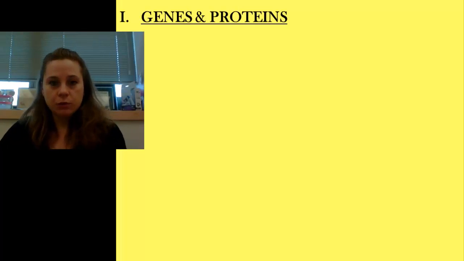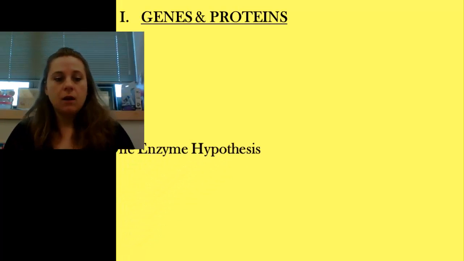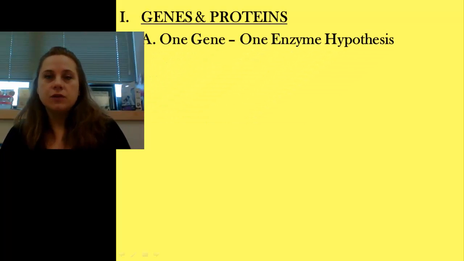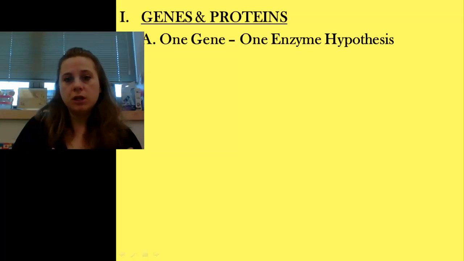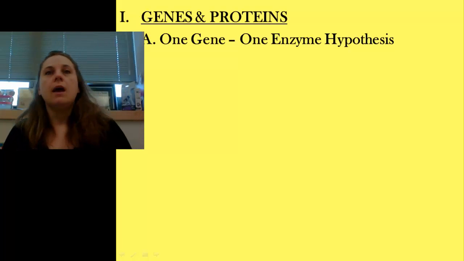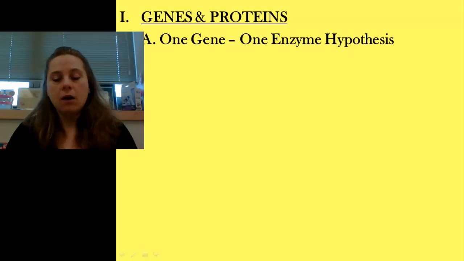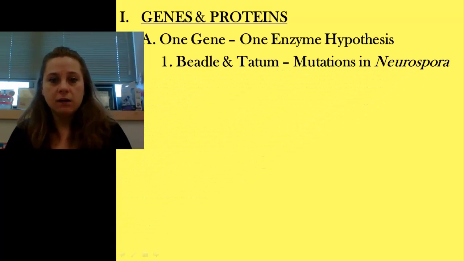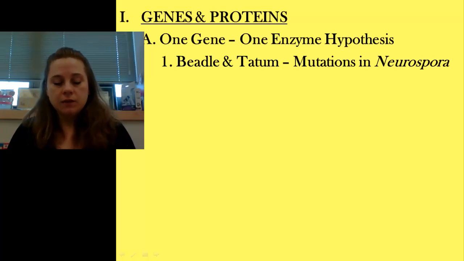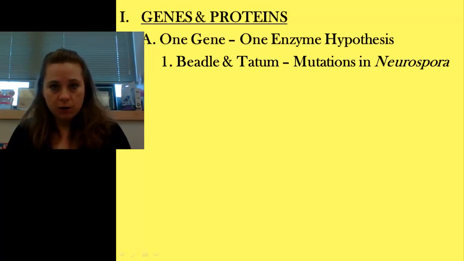So, genes and proteins, very linked. The idea first came around that there was going to be one gene for one enzyme. And that was first and foremost put together with the work of Beadle and Tatum. And they did their experiments on bread mold, okay, so Neurospora.